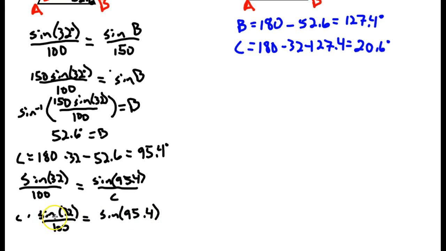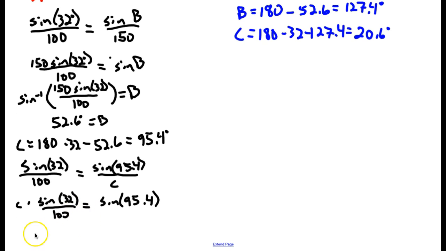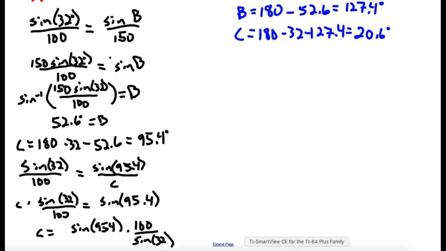Then we'll multiply both sides by the reciprocal, and we'll end up with c equals sine of 95.4 times 100 over sine of 32. And we can put all of that into the calculator.